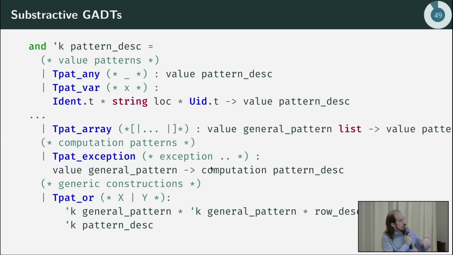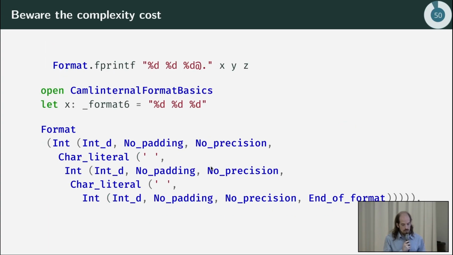And then I can encode the rule that a variable is a value pattern, an exception is a computation pattern, and an OR clause takes a pattern of any kind and a pattern of the same kind and returns a pattern of the same kind. And then the case of exception under exception becomes impossible.